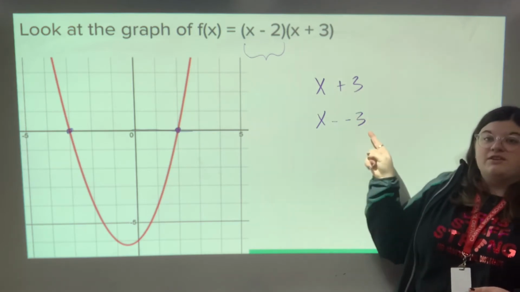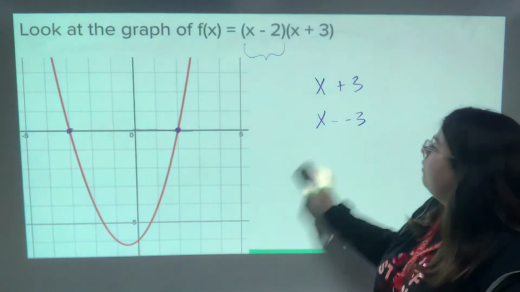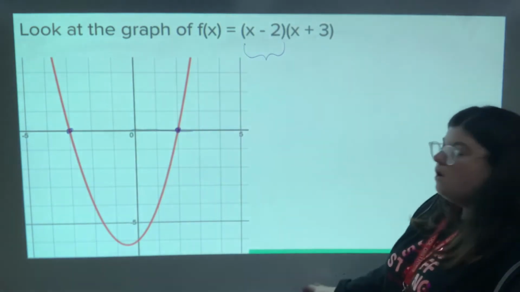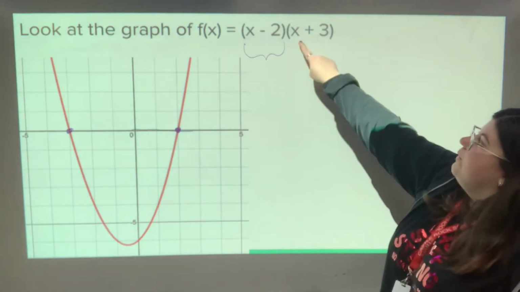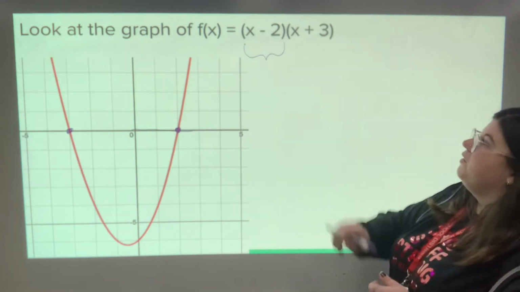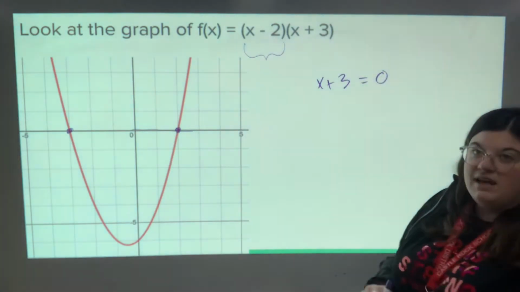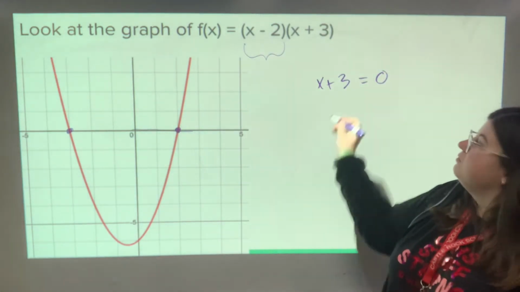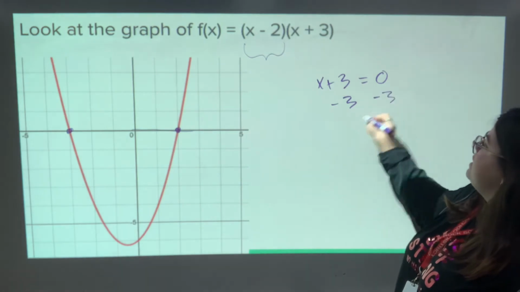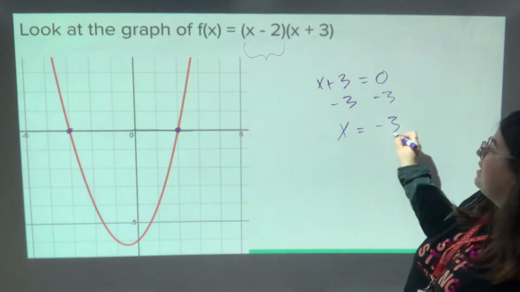There's our x-intercept, our 0, which is at negative 3. Or you could say, what value is going to make this equal to 0? Well, if I took x plus 3 and set it equal to 0 and solve, minus 3 from both sides, x is still equal to negative 3.